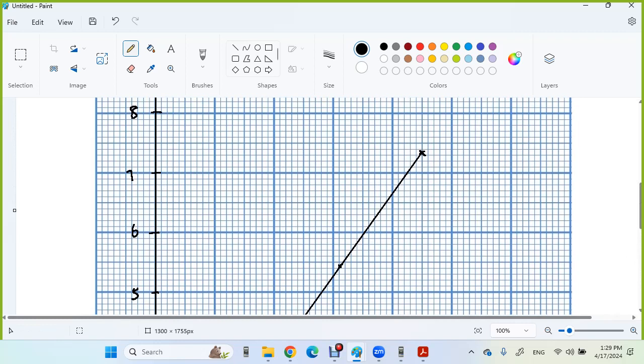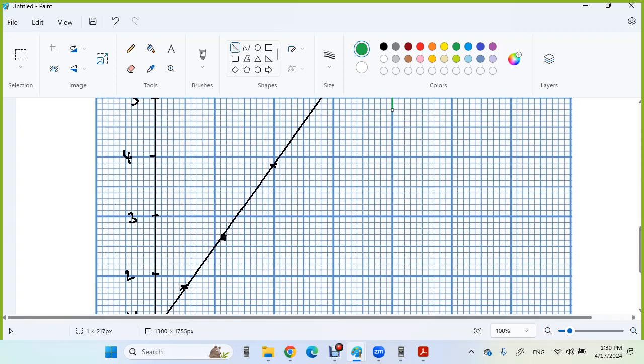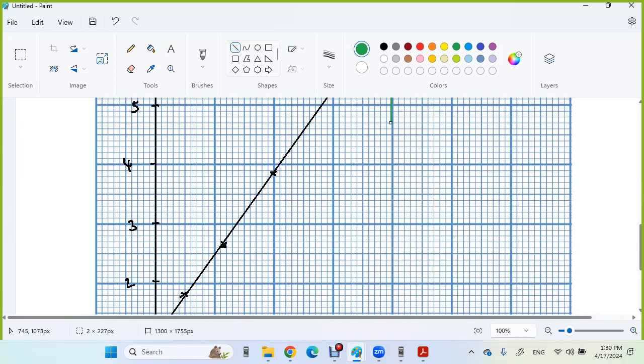So I will try to use a point here to find the gradient. I will take the one of the points in the middle, the second last there.